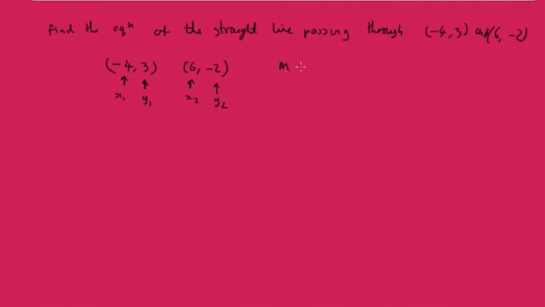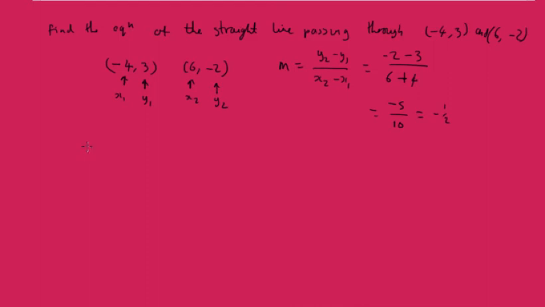And so the gradient m is going to be y2 minus y1 over x2 minus x1. So y2 is -2, minus 3 gives -5, and then x2 is 6, and we're going to minus x1, which is -4, so it's going to become +4. So now we've got -5 on the top and 10 on the bottom, and we'll simplify that to -1/2.